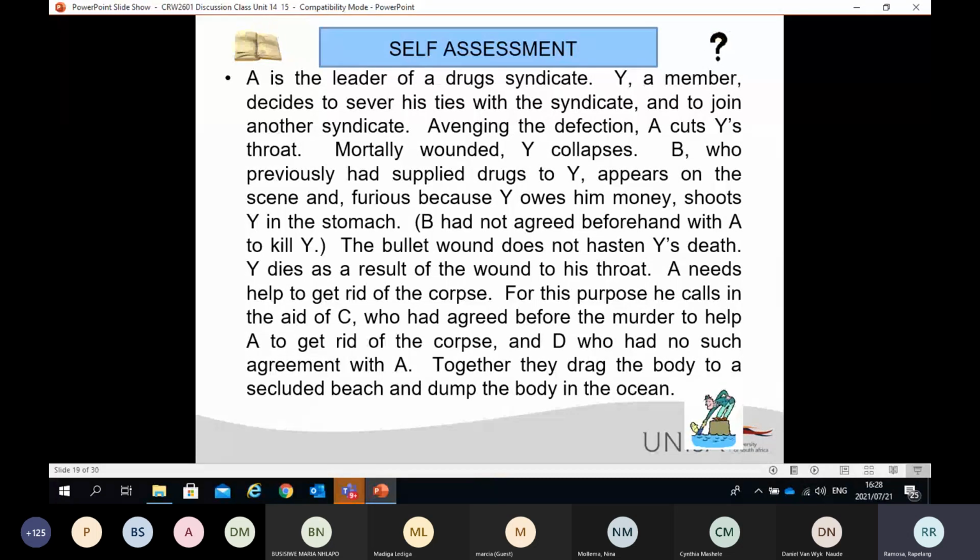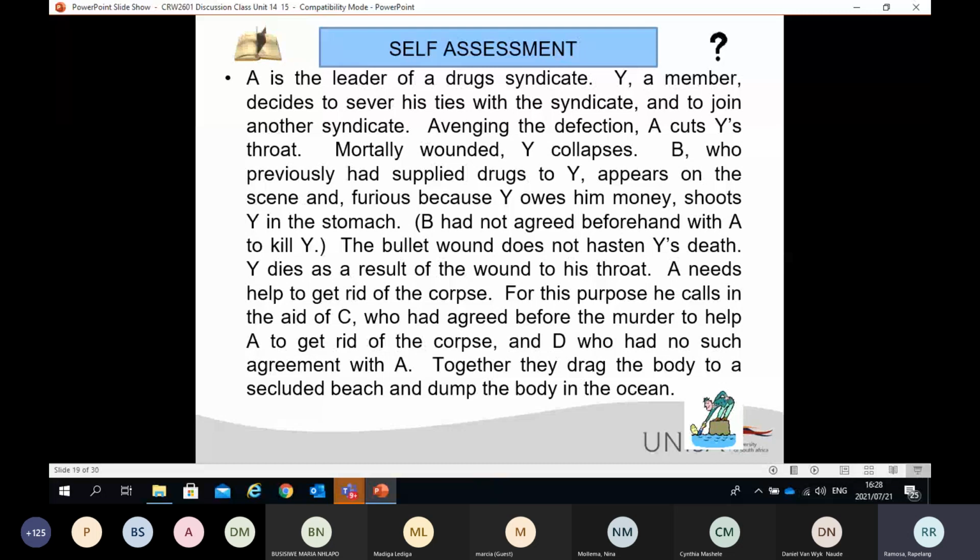Now, what's interesting about C's participation here is that he had already agreed before the murder to help A get rid of the corpse. So there was actually a prior agreement that he involved himself in, which may have actually even inspired and encouraged A to do what he did.